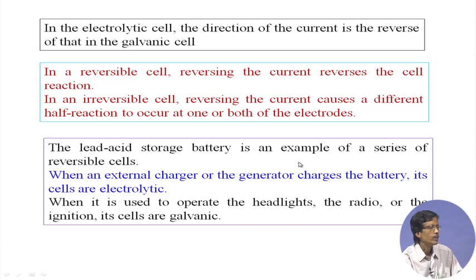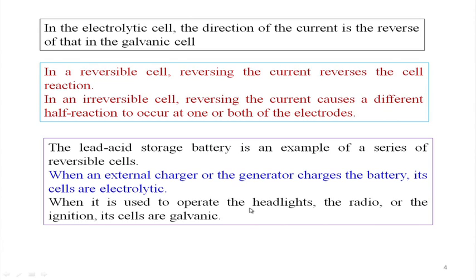When we draw more and more current, the battery is almost dying. But when an external charger or generator is connected to charge the battery, its cells are electrolytic. It is not a voltaic cell then; it is a voltaic cell when it gives us electrical energy.